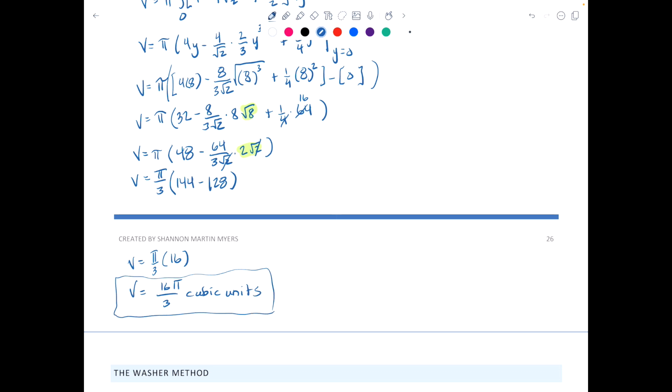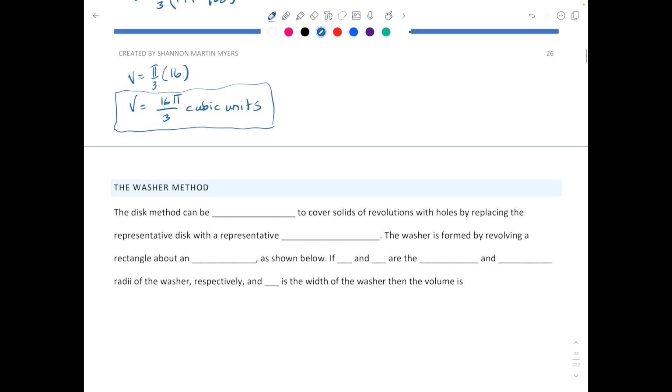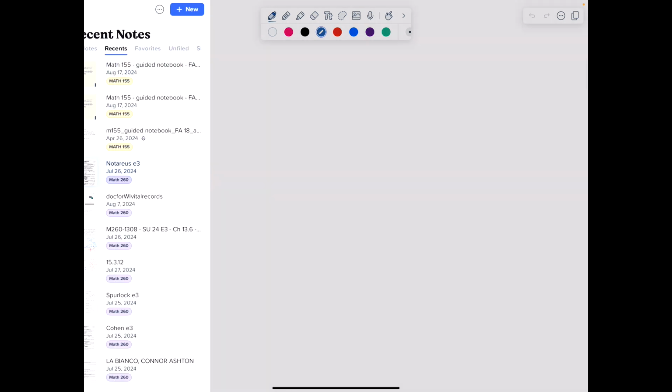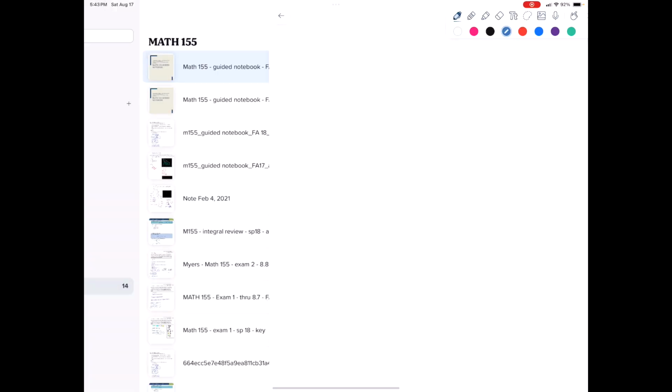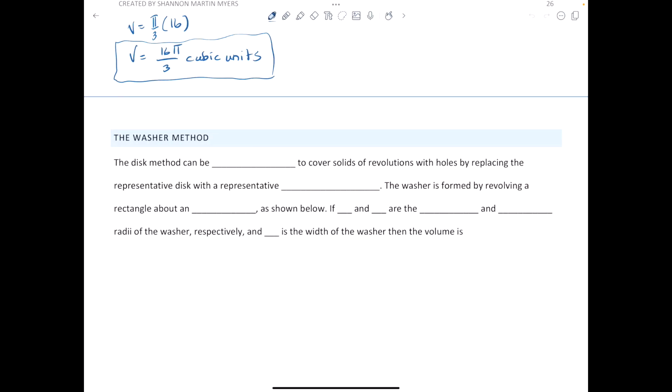Good? Awesome. All right, so the washer method. The disk method can be extended to cover solids of revolution with holes by replacing the representative disk with a representative washer.